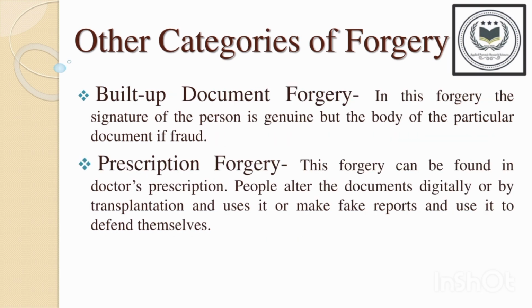The next type of forgery I have mentioned here is built-up document forgery. In this type of forgery, the signature of the person is genuine, but the body of that particular document is fraud. That means a forger takes a signature of the person on a blank page or on any other paper and writes a different body. So the signature is genuine, but the body is fraud.